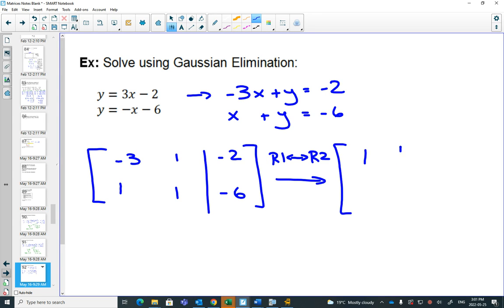That's not wrong. And some of you might say, if you already like something better to begin with, why not just write it that way to start with? There's no reason that I had to write equation 1 on the top and equation 2 on the bottom. I could have done it otherwise. But if you don't like the order of something, this is one of our operations. You can switch the order.